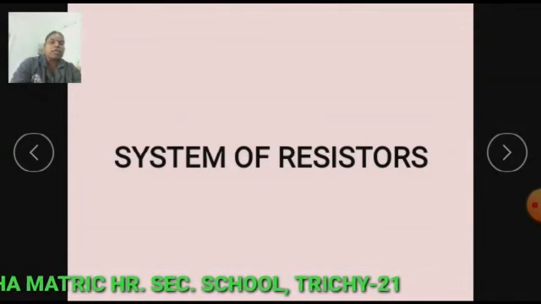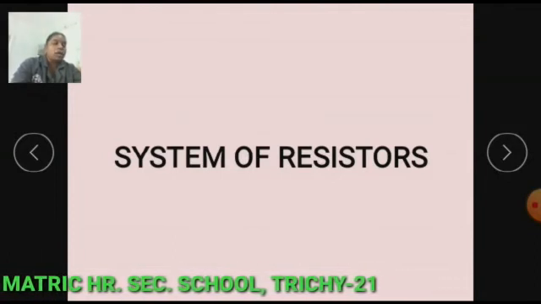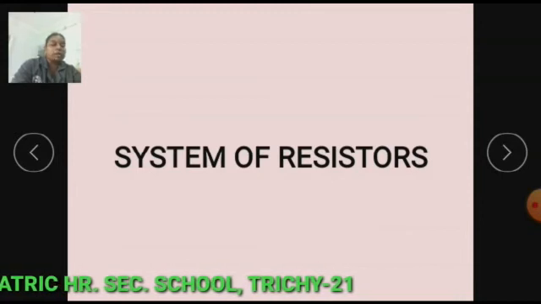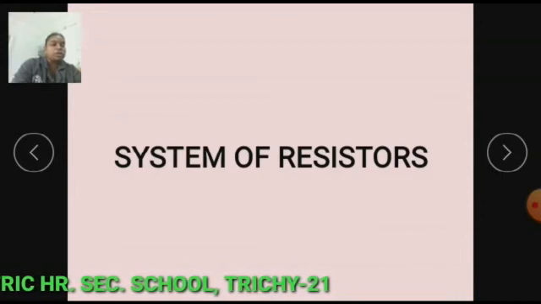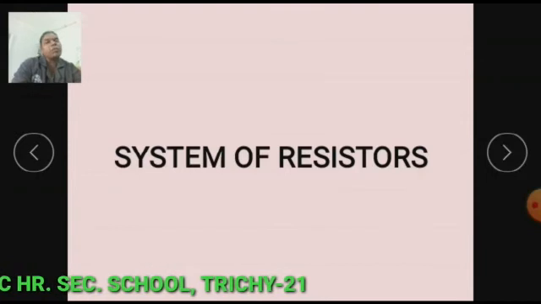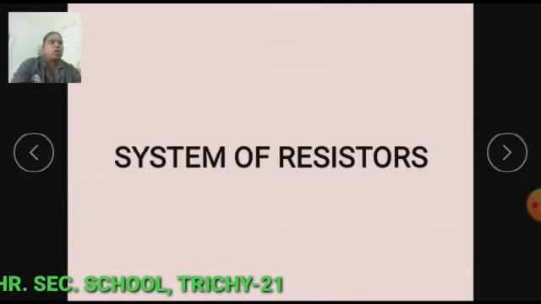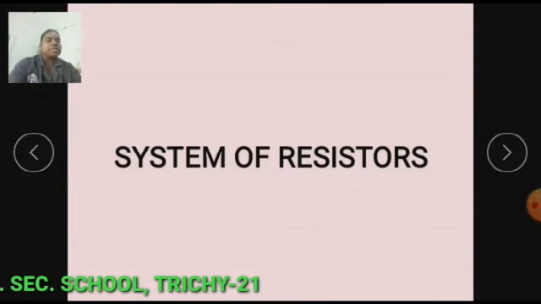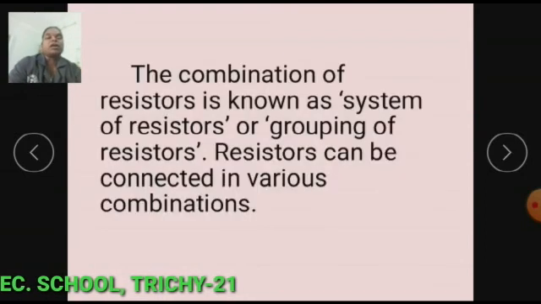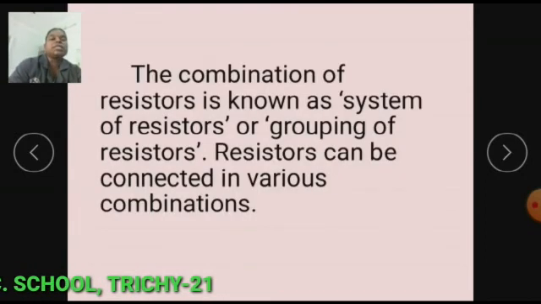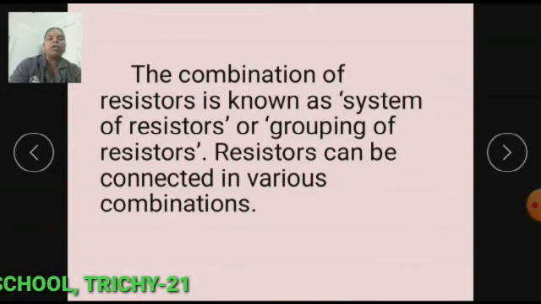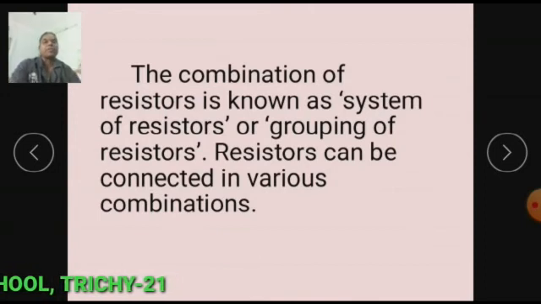Now, in practice, we may encounter a complicated circuit which uses a combination of many resistors. The combination of resistors is known as system of resistors or grouping of resistors.